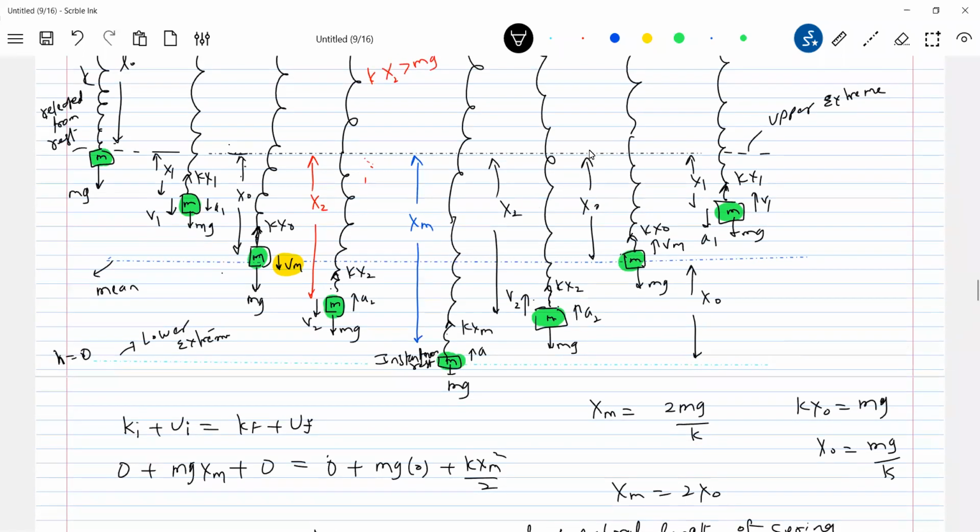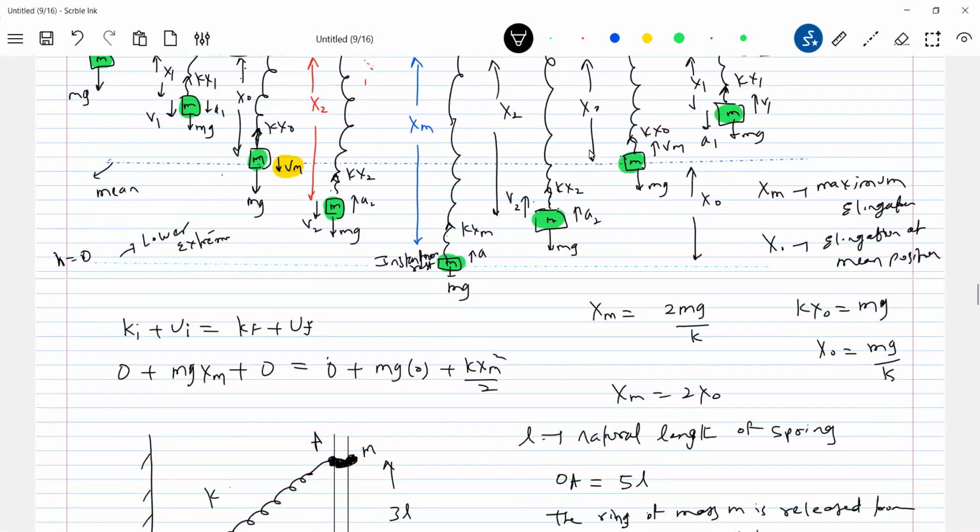You can see from the diagram, maximum elongation. Okay, sir. Okay, you want, I'll write it. Elongation at mean. Okay, fine.